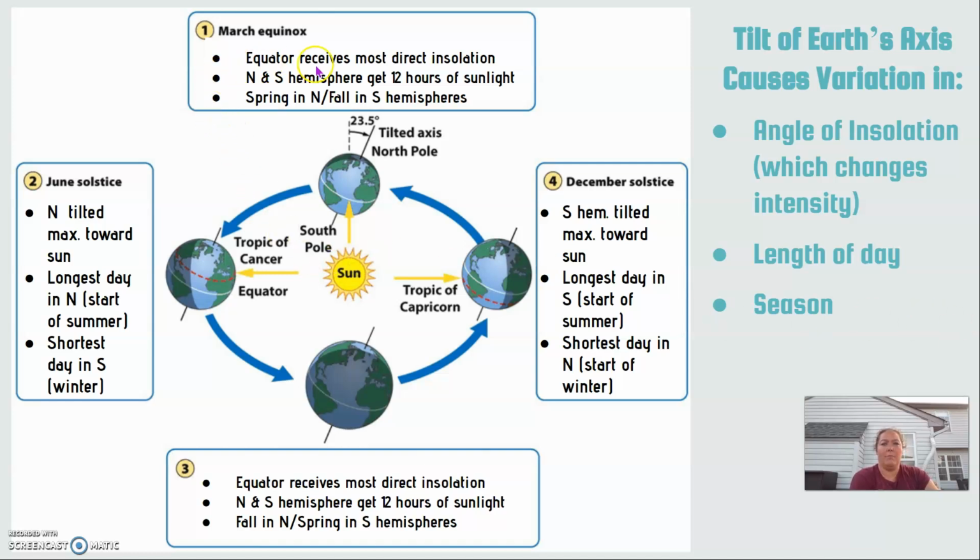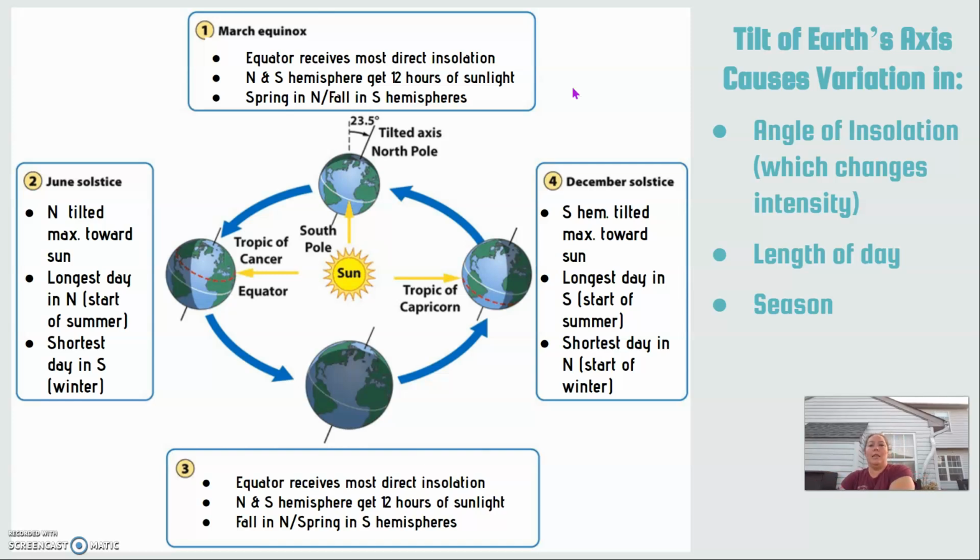So if you look here, at this March equinox, the equator is receiving the most direct insolation. You're getting 12 hours of sunlight in the northern and southern hemispheres, and that's where you see spring and fall, so you're going to have more mild temperatures. The northern hemisphere will be spring and the southern hemisphere will be fall, but they're still mild temperatures.